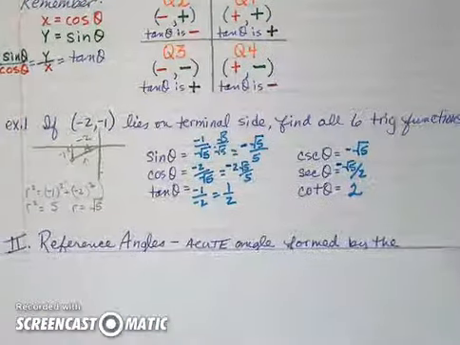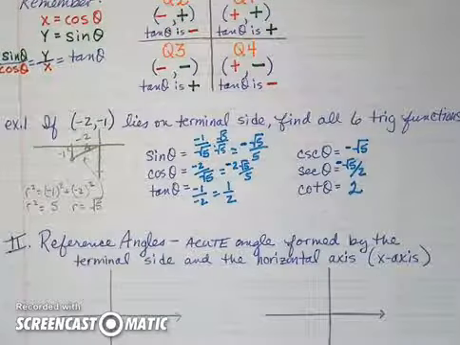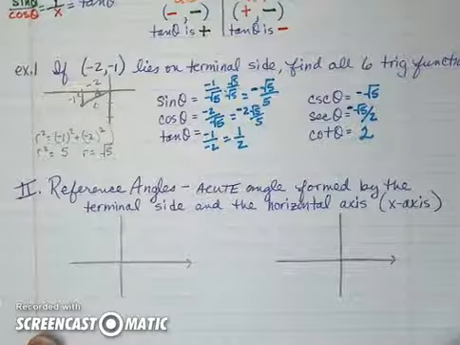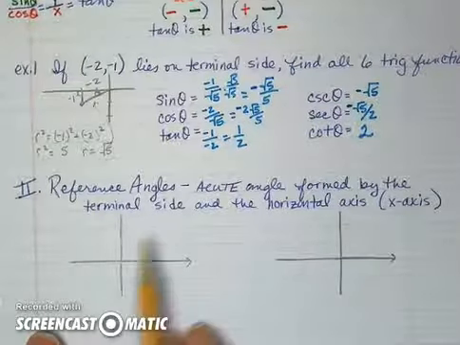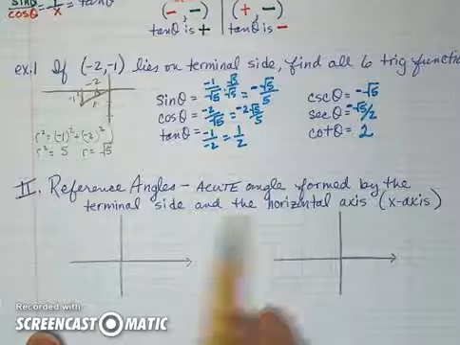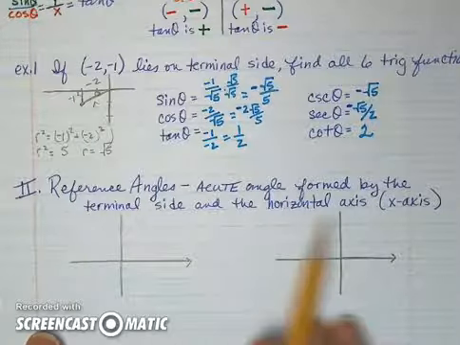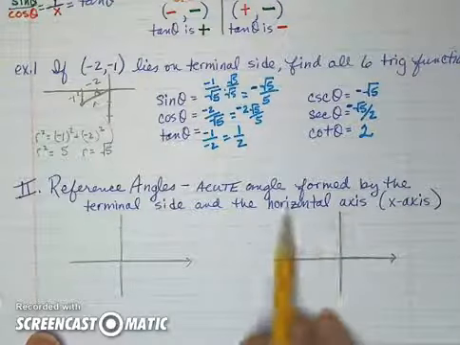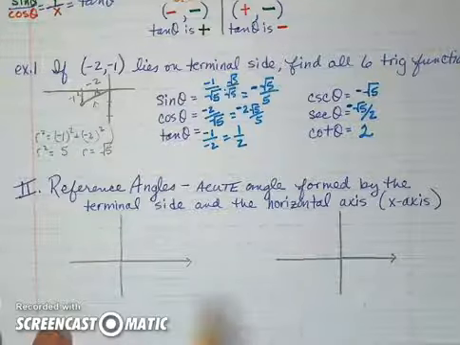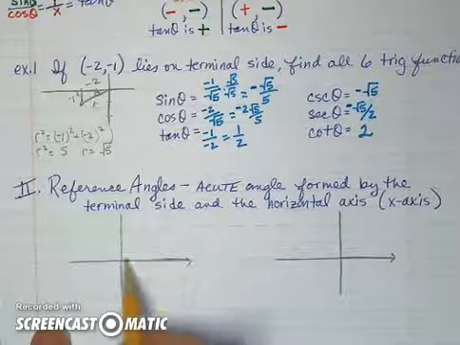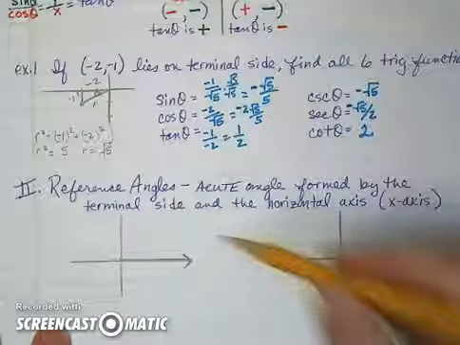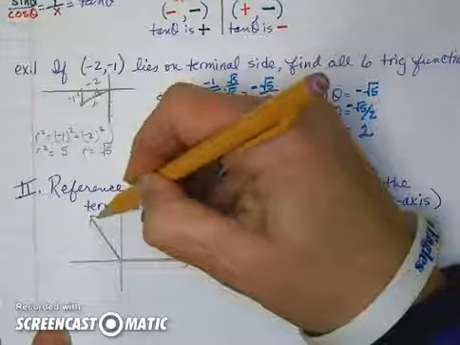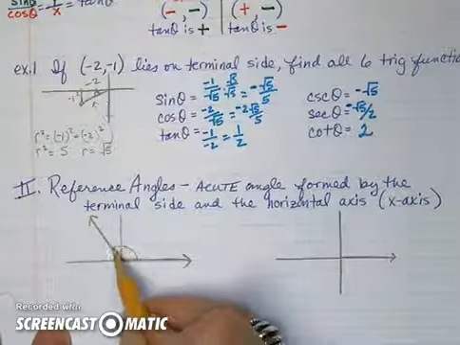The next thing I'd like to talk about are reference angles. Reference angles are useful in quite a bit of our work, and that is the acute angle formed by the terminal side of the angle and the horizontal axis. It's the shortest distance to get to the horizontal axis. So for example, if you have this as the initial side of an angle, and I'm over here maybe in quadrant 2, so this is my theta that I am measuring.